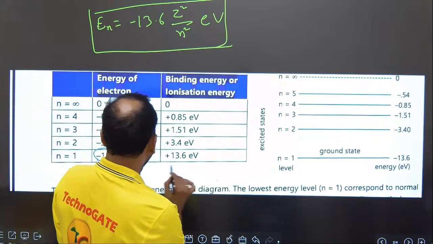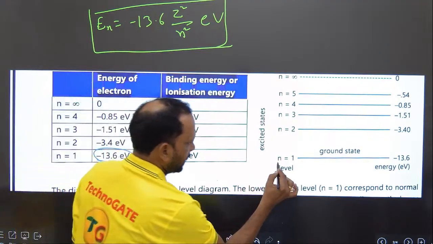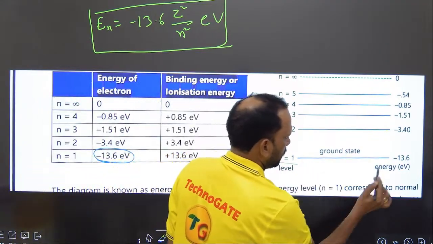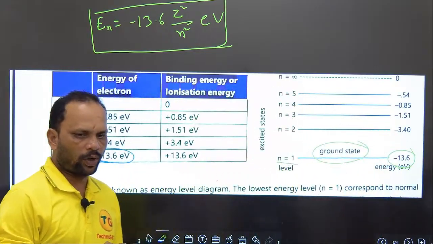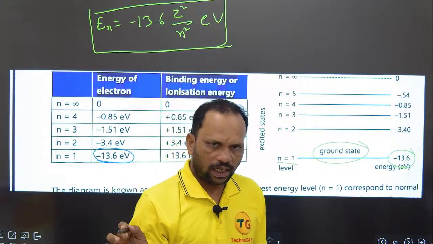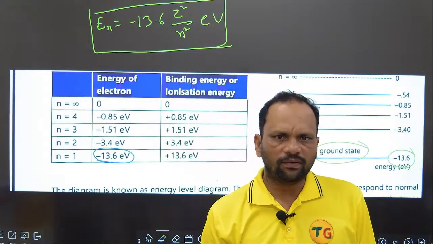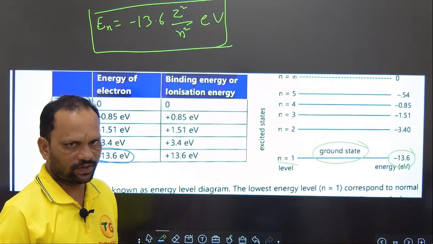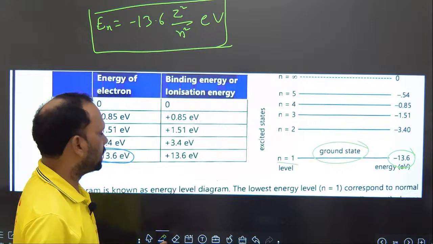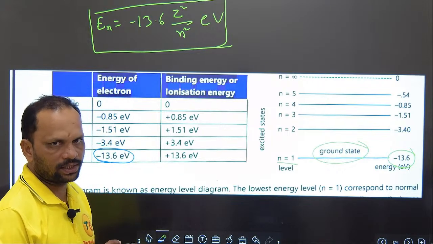That means this is the ground state. So N is equal to 1, first orbit or ground state, the energy of the electron is minus 13.6. So the electron is revolving around a nucleus in a stationary orbit which has an energy of minus 13.6 in the first orbit. This is only applicable for hydrogen and single electron systems.